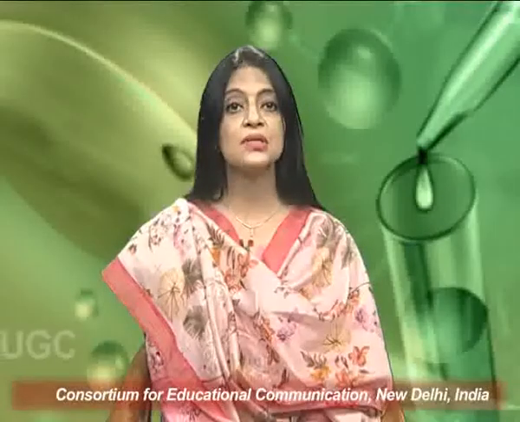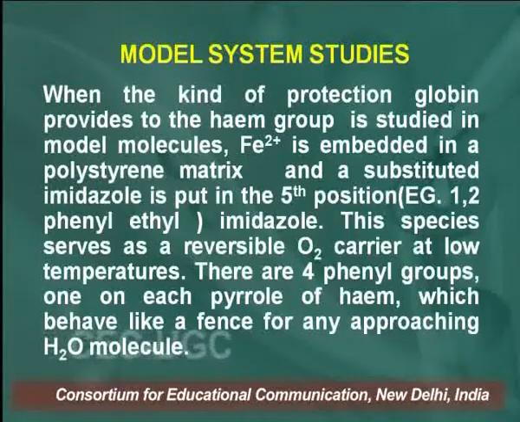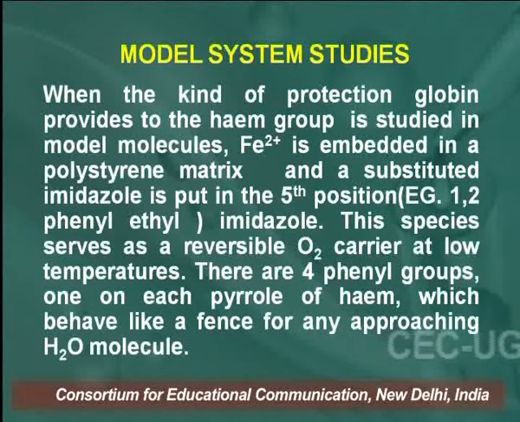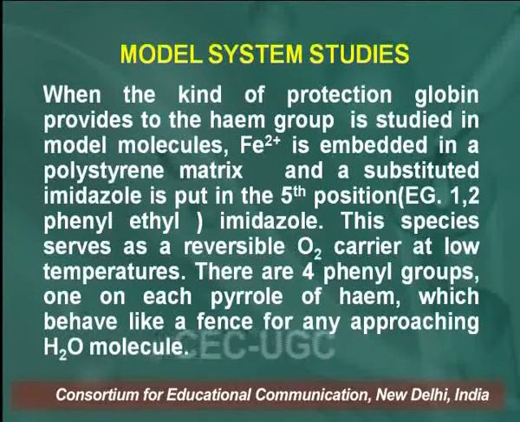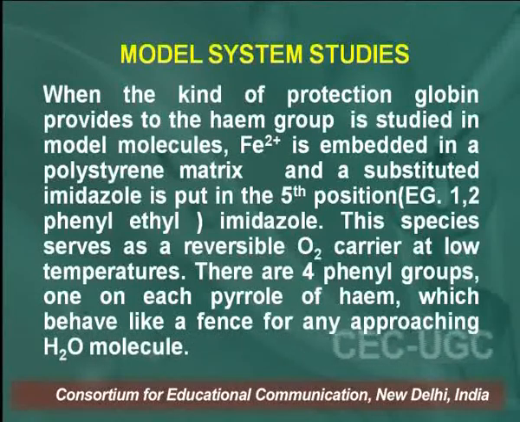This species now serves as a reversible oxygen carrier at low temperatures. There are 4 phenyl groups, one on each pyrrole of heme, which behave like a fence for any approaching water molecule.